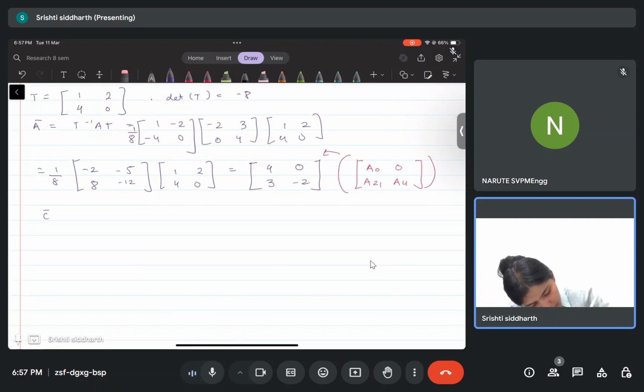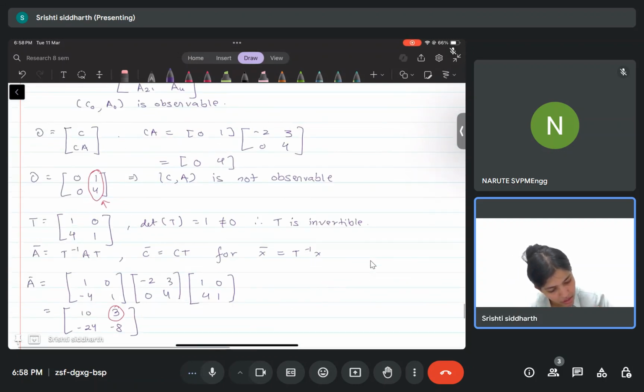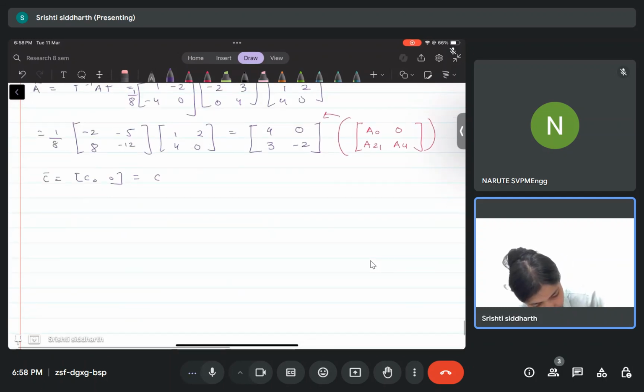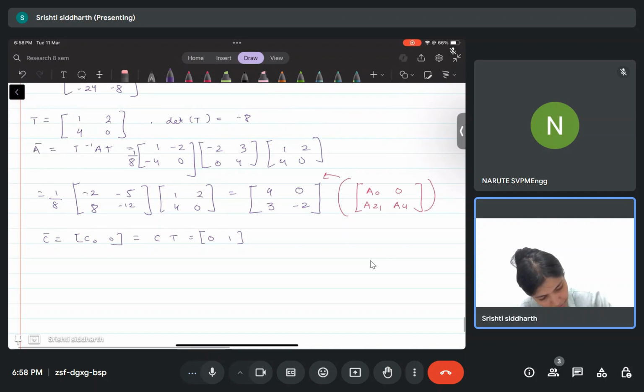Then we have C bar, which is C0, 0, which is C P. C was 0, 1, and P is 0, 4, so this is C0.